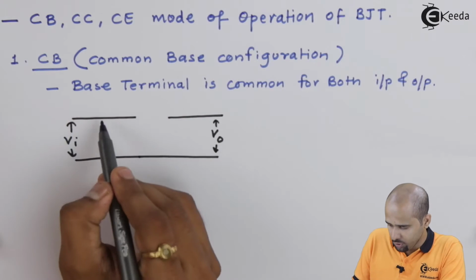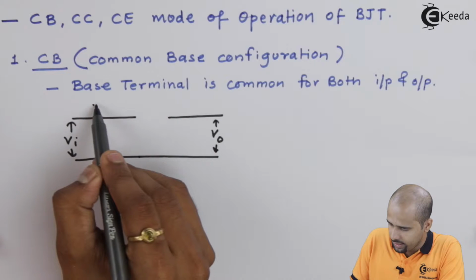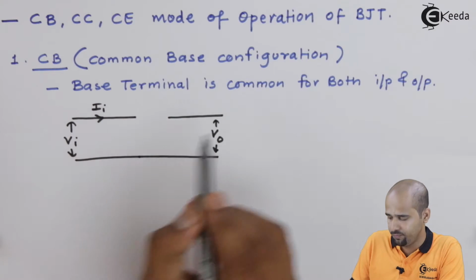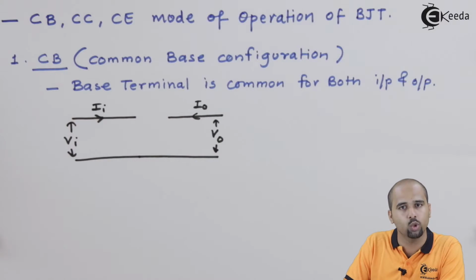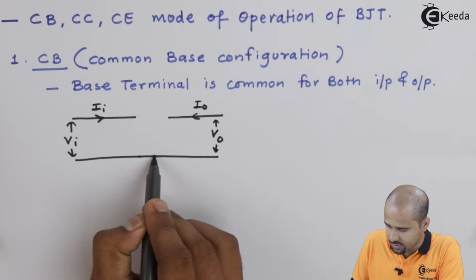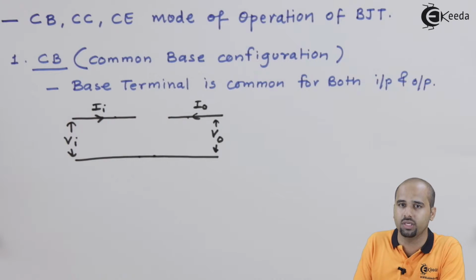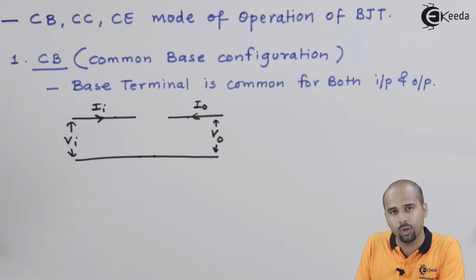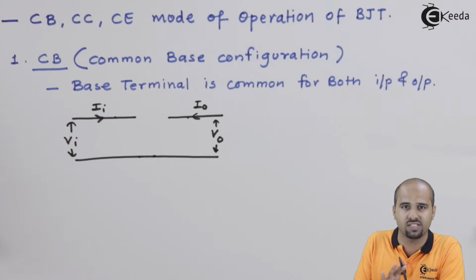Input current is this one, let's say Ii. Output current is this one, let's say Io. Now let us consider this terminal, this terminal and this terminal. These are three terminals, and we will place our BJT with the proper orientation such that the base is common for both input as well as output.